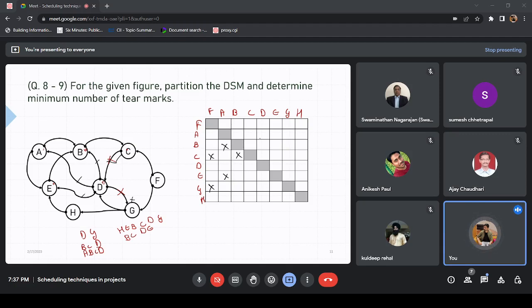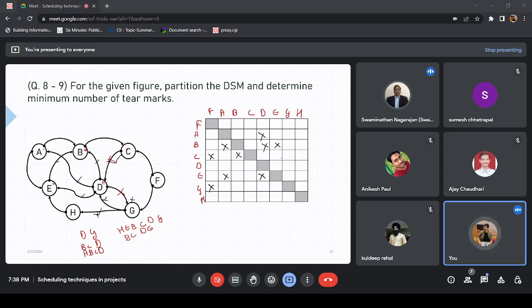So A, B, E. E gives information to B. G gives information to H and D, right?